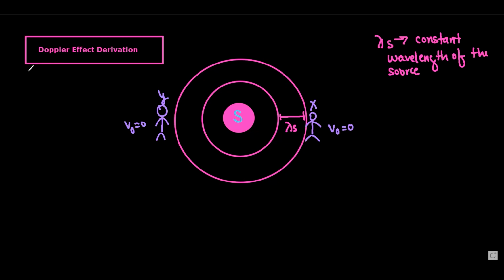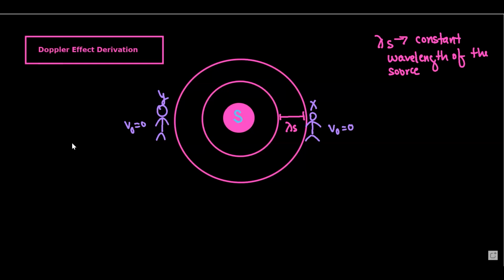They're standing some distance apart from the source, not moving away or towards it, just stationary there. And the source itself is not moving either. In this case, the frequency of the source sound and the frequency heard by the observer is going to be the same.